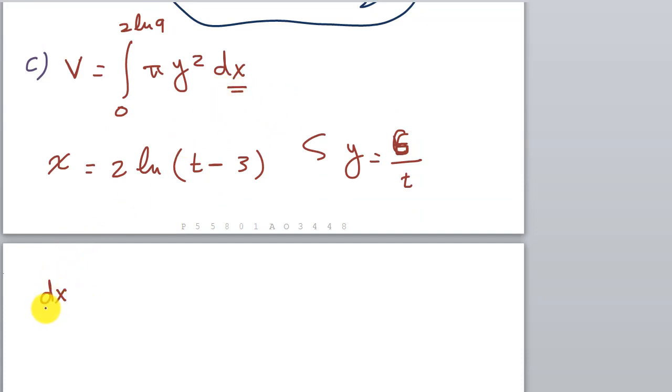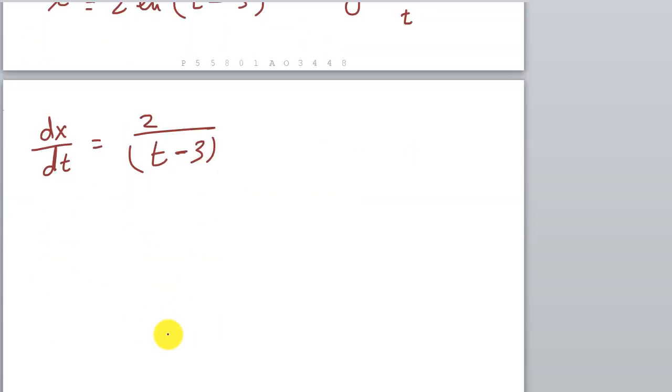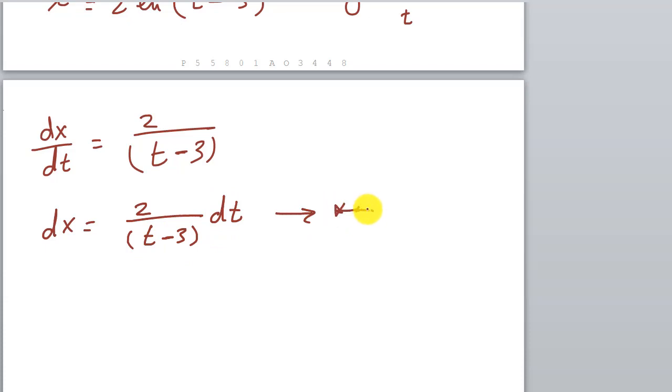So dx by dt is equal to 2 divided by (t minus 3). This is the differentiation of x about t. So now dx equal to 2 divided by (t minus 3) dt. And this is the first part that we need.